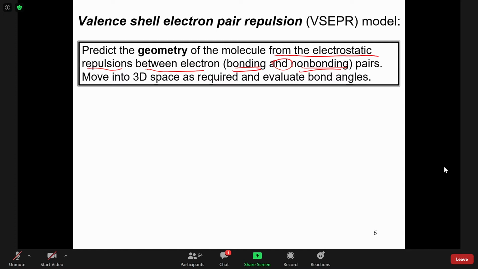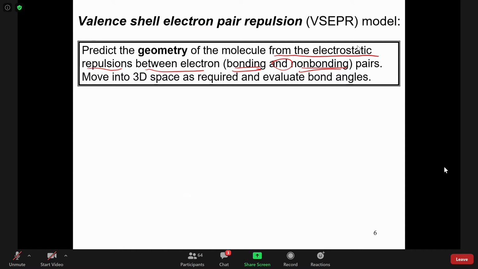Why do you think electrons want these bonding and lone pair electrons to be far away from each other? Maybe it creates the most stability. Yeah, that's true.